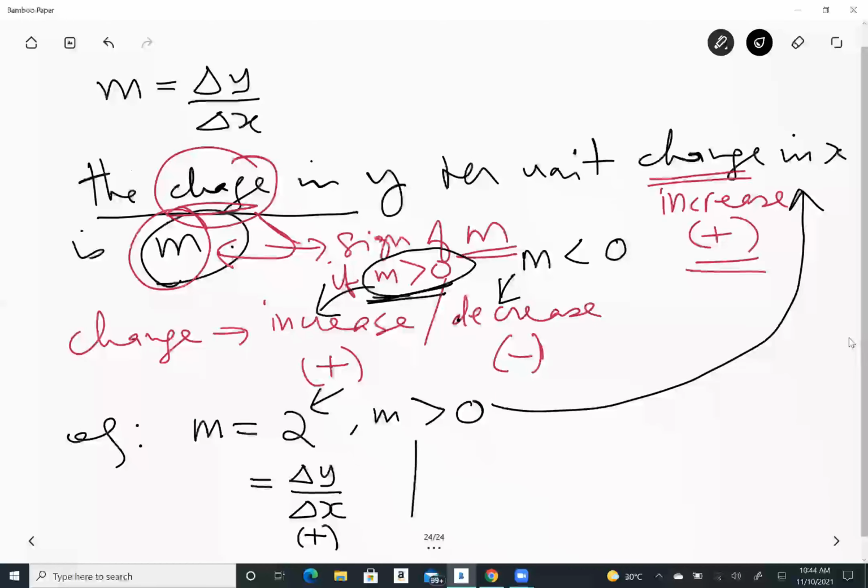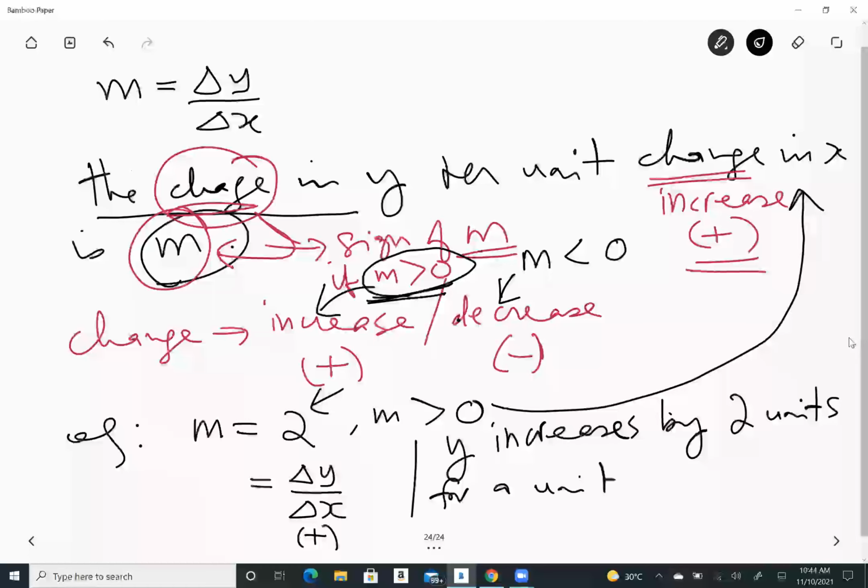So M equal to 2, the change in Y is M. Y increases by 2 units for a unit increase in X.